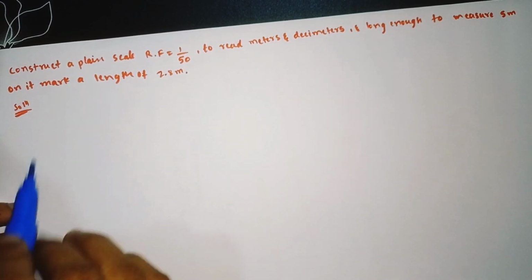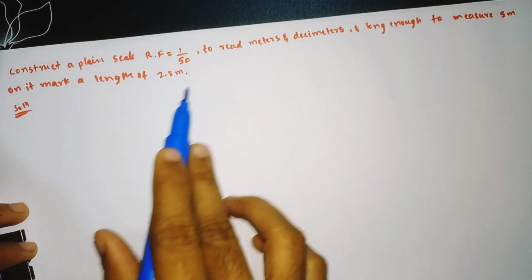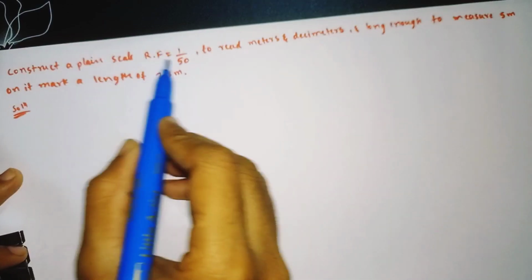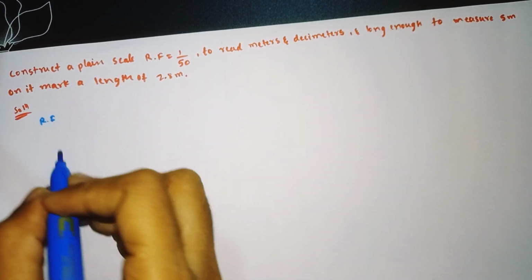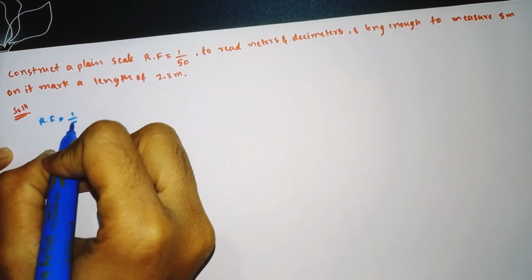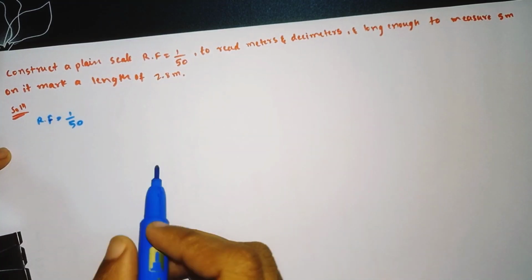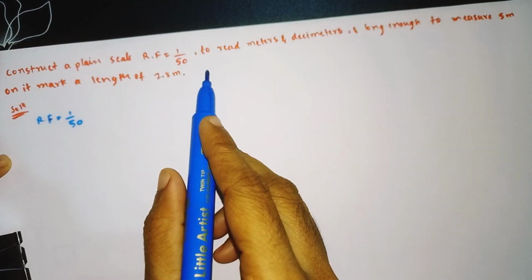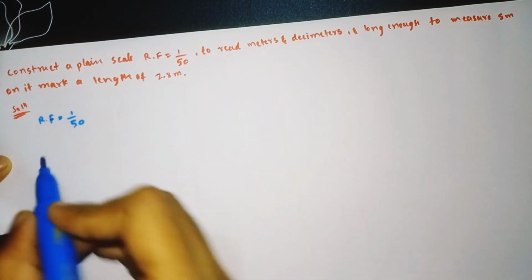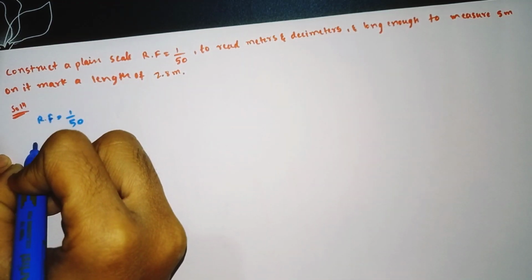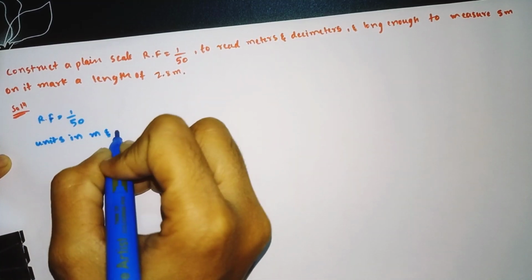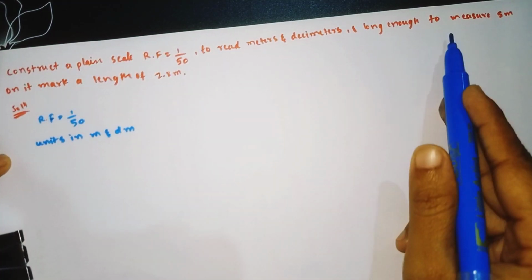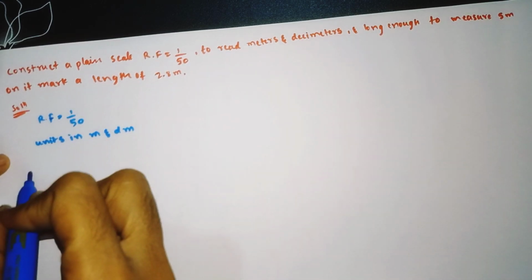So first thing what we have to do is we need to write down the given data. So the RF given is 1 divided by 50, and we need to read the units in meters and decimeter, and our length to be measured is 5 meter.